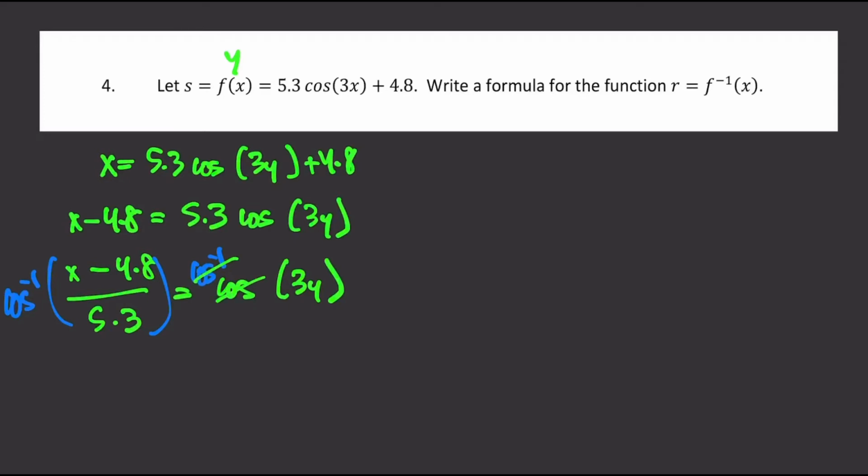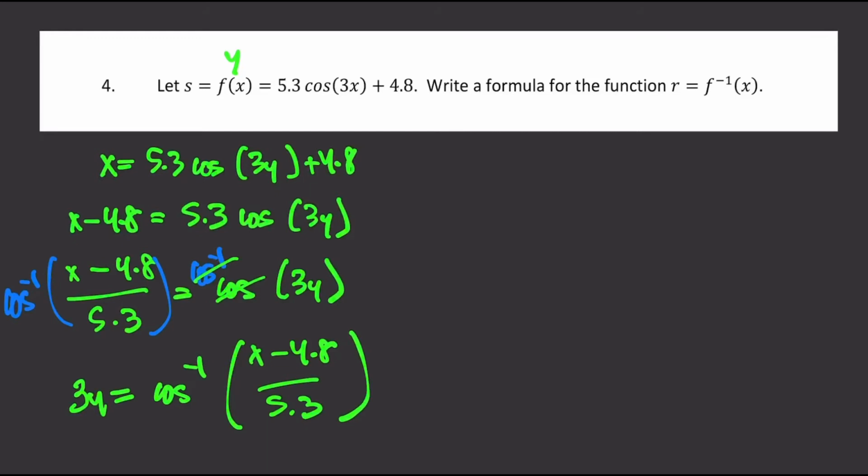So basically what happens is those two now cancel, and I'm left with 3y equals all of this stuff. So that gives me 3y equals inverse cosine of x minus 4.8 over 5.3. And now I just need to divide by 3. So I divide all of that by 3.